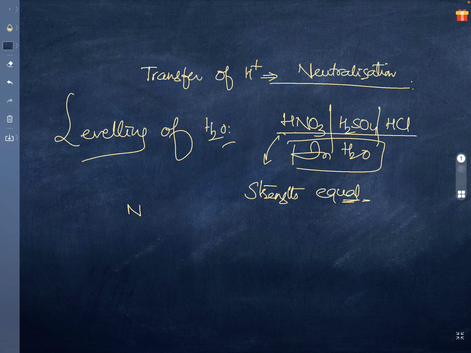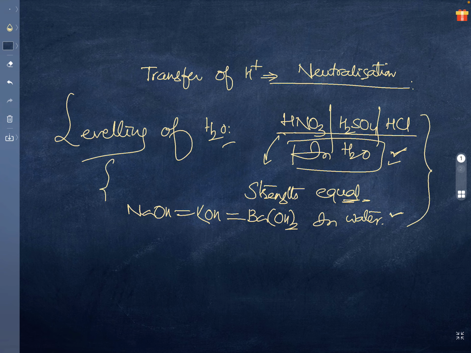All the bases, NaOH equal to KOH equal to barium hydroxide in water. All the acid strength will be equal to the H plus ions of water. All the base strength will be equal to the OH minus ions of water. This is known as the leveling effect of water.